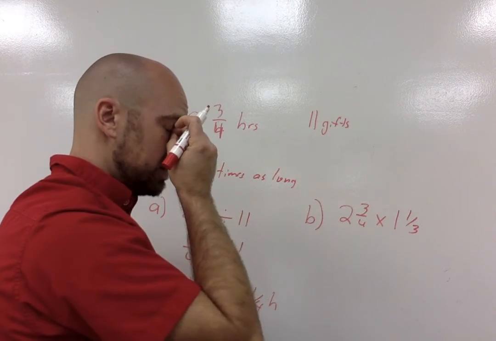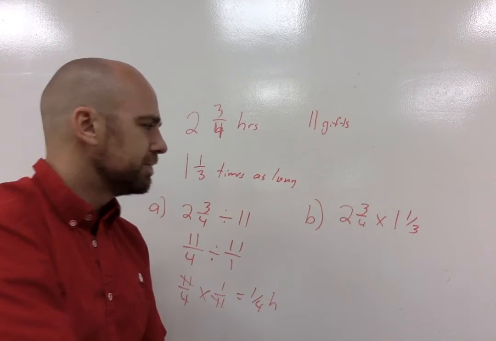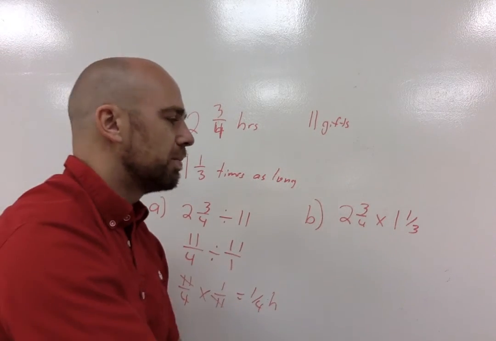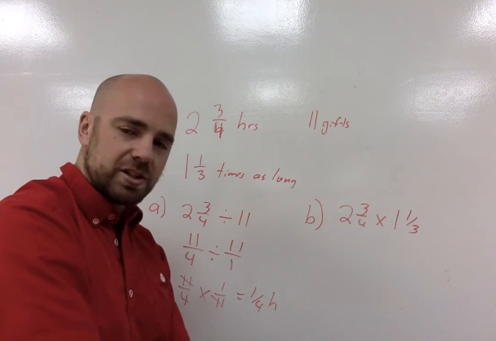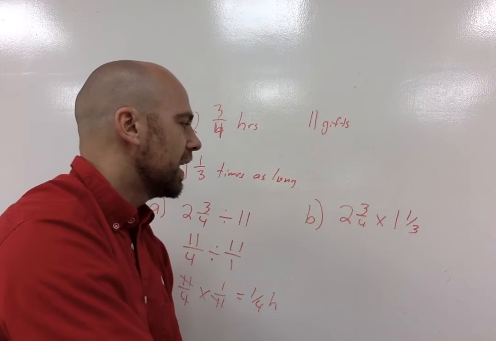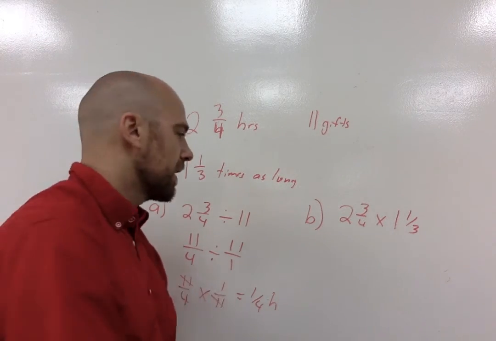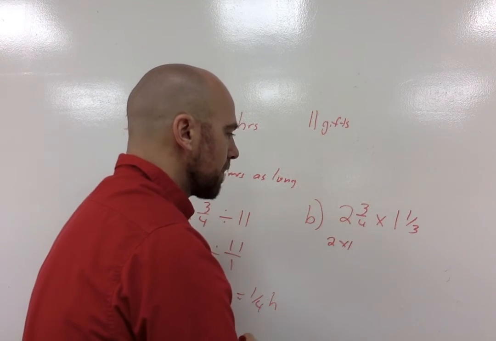So there's a couple of ways we can do this. We can multiply the whole numbers first, then multiply the fractions, and then add them together, or we can just turn it into an improper fraction. I'll do it both ways. The first one, I'm going to say 2 times 1.